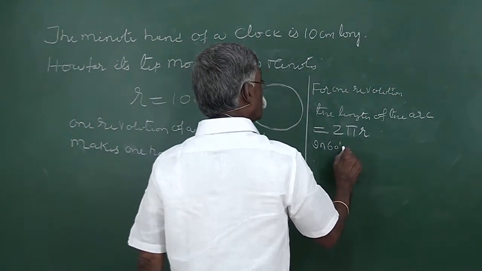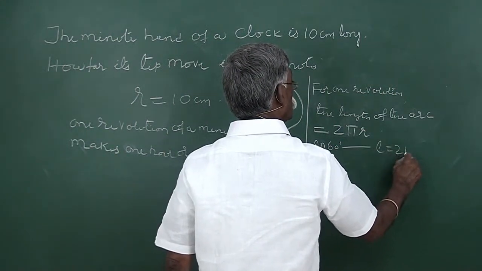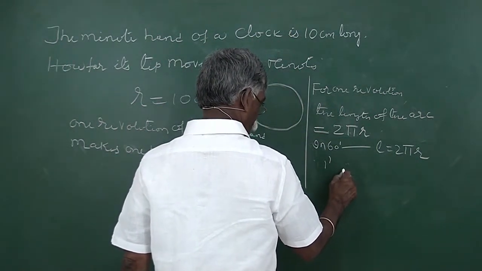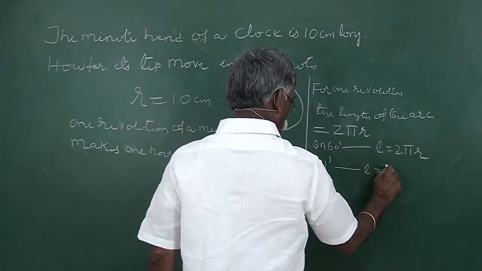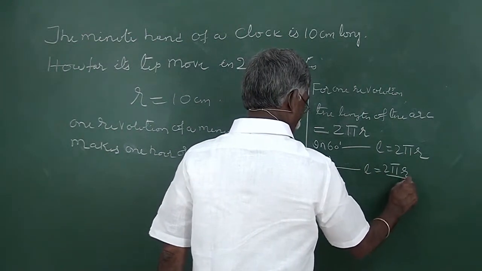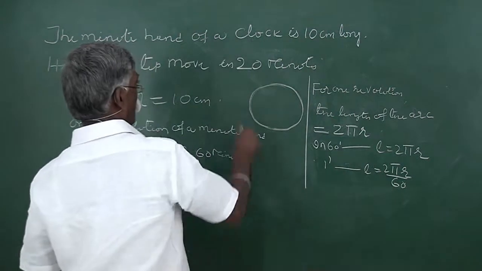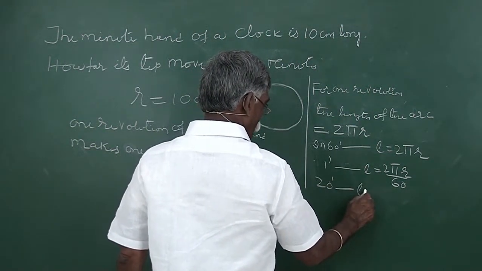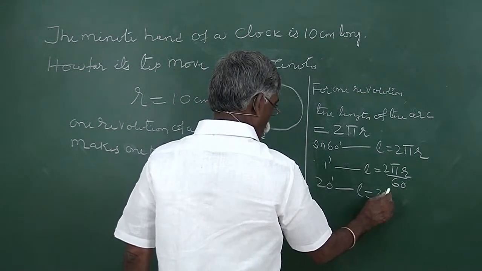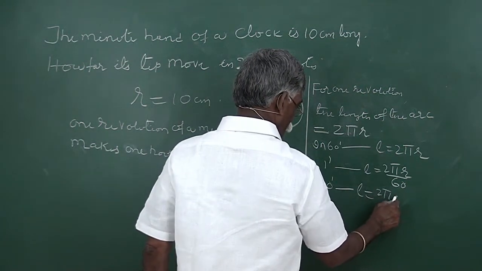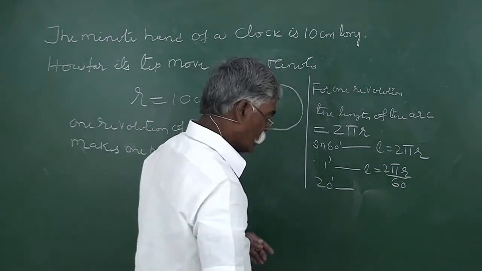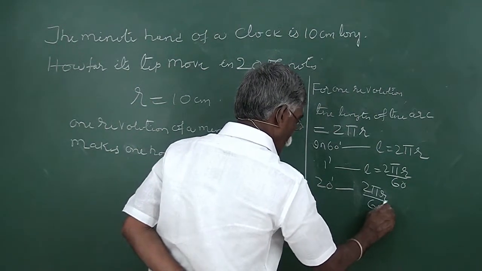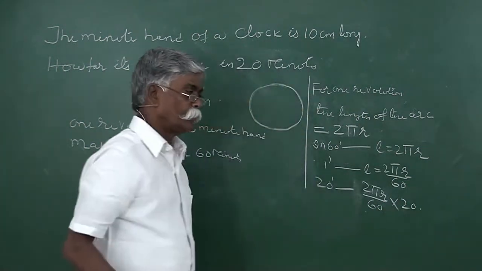In 60 minutes, L is equal to 2 pi r. In 1 minute, L is equal to 2 pi r by 60. And we want in 20 minutes. So in 20 minutes, L is equal to 2 pi r by 60 into 20.